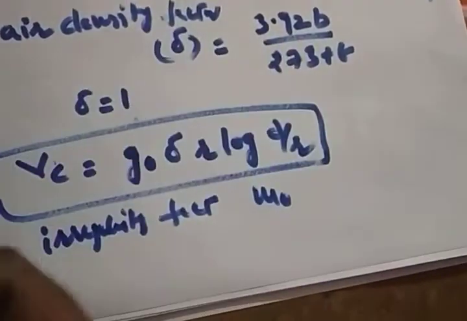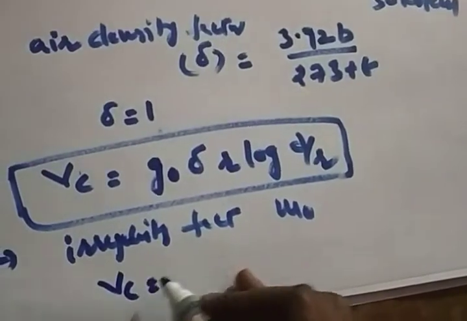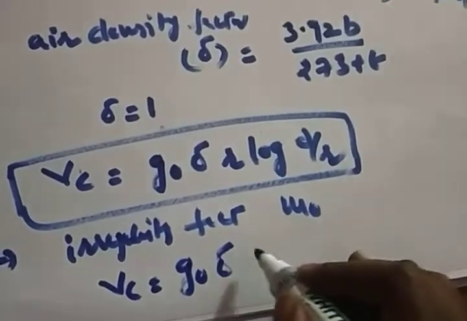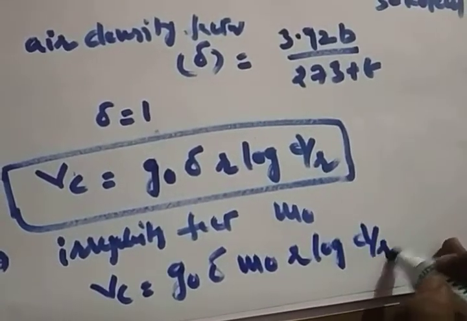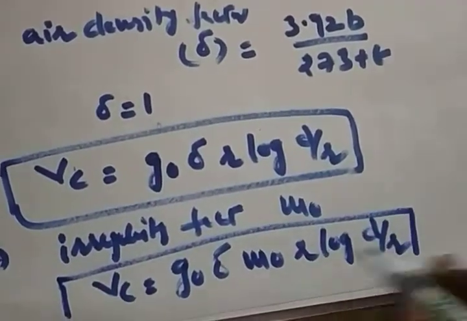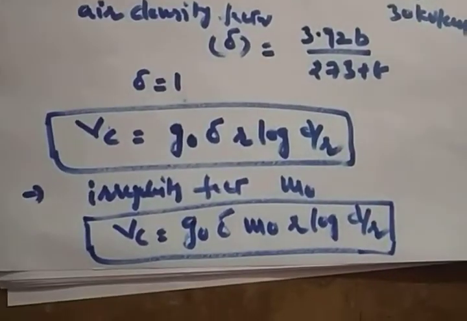Then in total, VC is equal to g naught delta m naught r log d by r. So this is the whole formula for the critical disruptive voltage. I'll explain here.